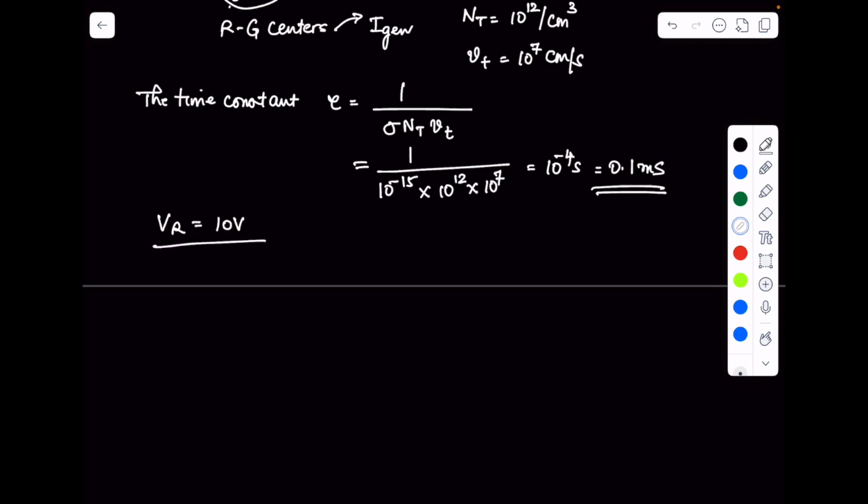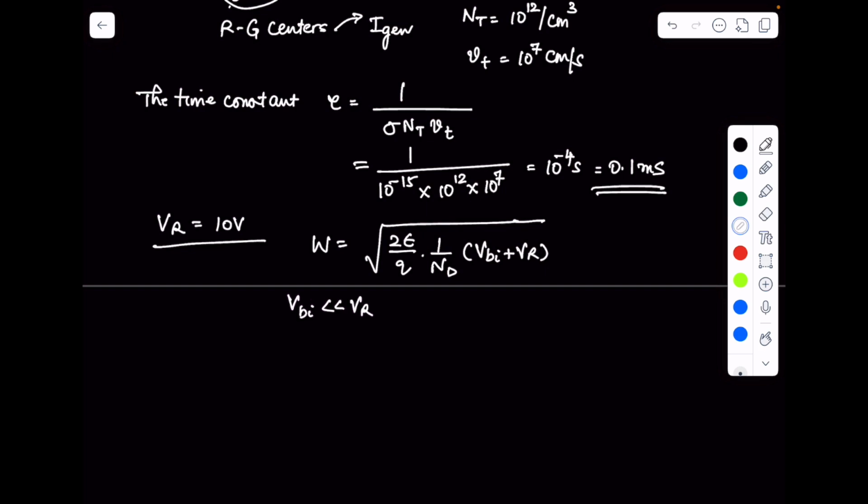It's a single-sided junction, so I can write W as the square root of 2 epsilon by q into 1 by Nd into (Vbi plus VR). I'm going to assume that Vbi is much smaller than VR. Again, this is a silicon diode and VR is 10 volts, so I can make that approximation.